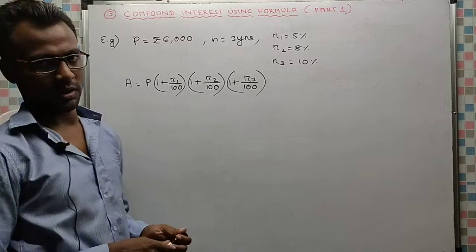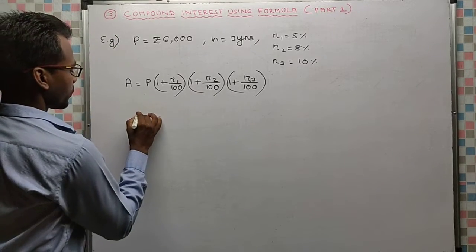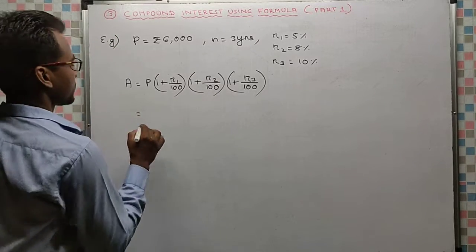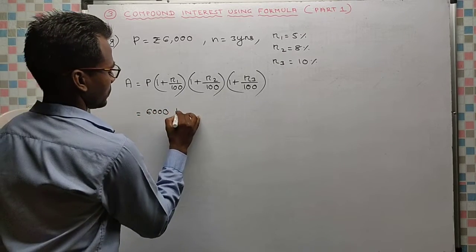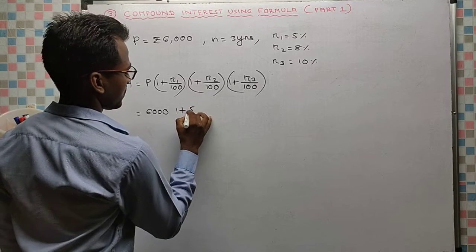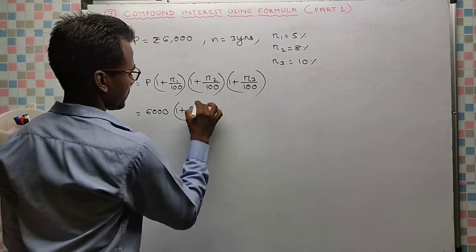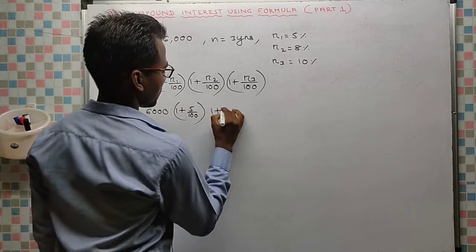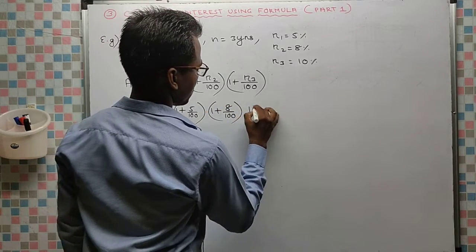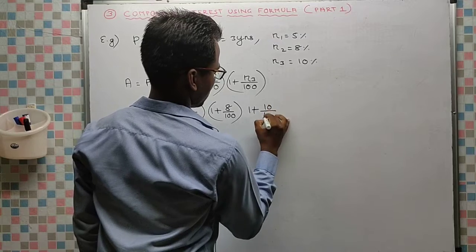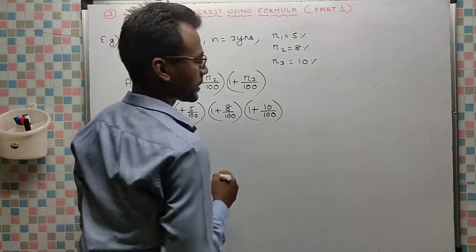So I have used this formula. Now let us simply put values. What is P? 6000. 1 plus what is R1? 5 by 100. R2 is 1 plus 8 by 100. R3 is 10. 1 plus 10 by 100.